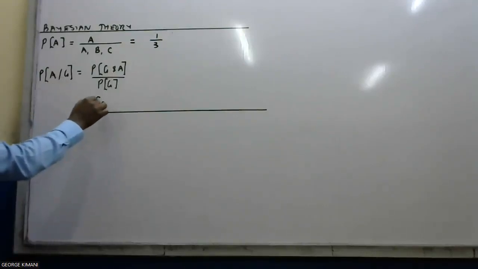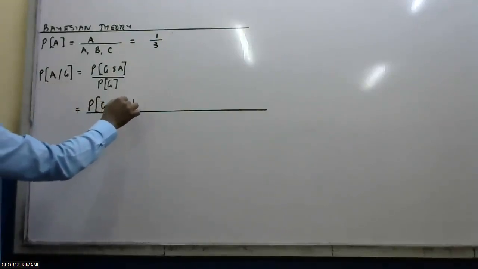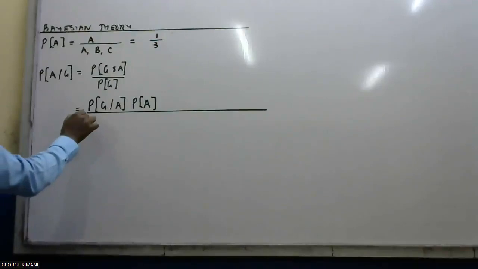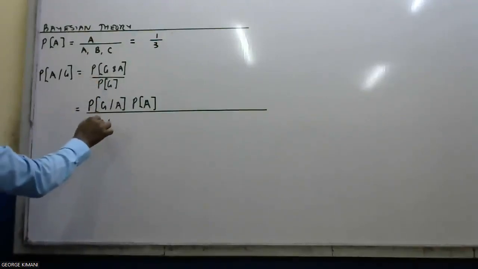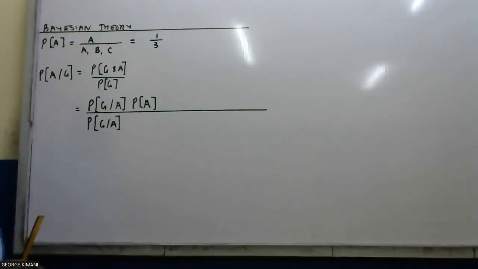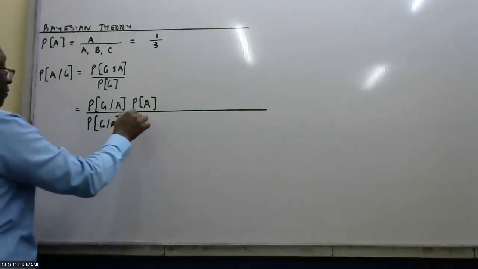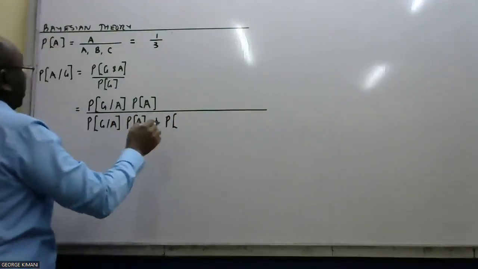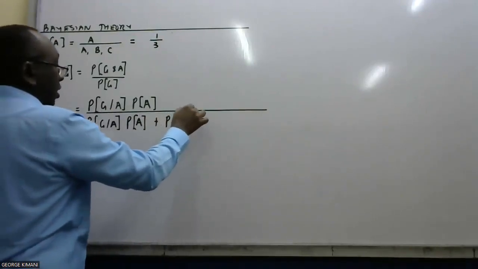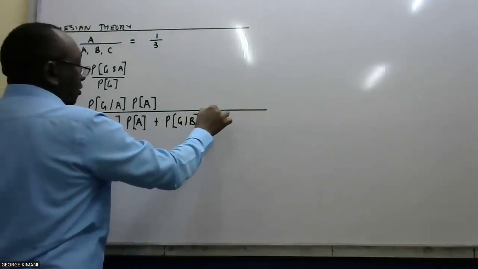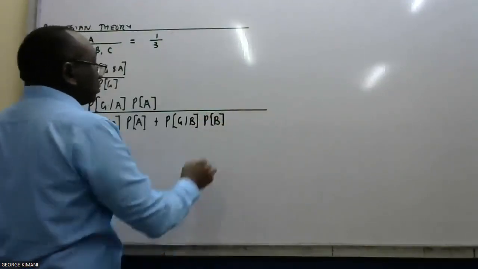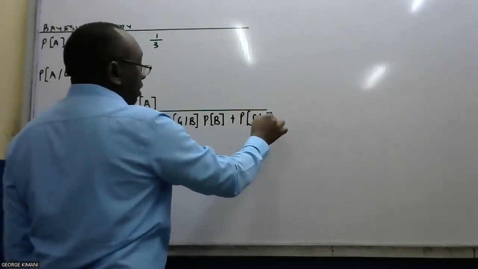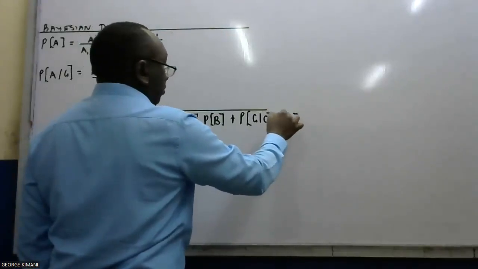So now you start with G, given A, you multiply by probability of A. Then for this G, it is G in A, getting a gold coin in bag A, multiplied by probability of A, plus probability of gold in B, multiplied by probability of B, plus probability of gold in C, multiplied by probability of C.